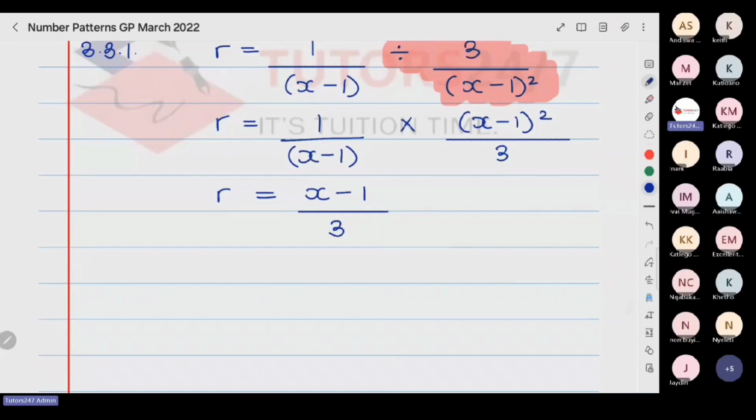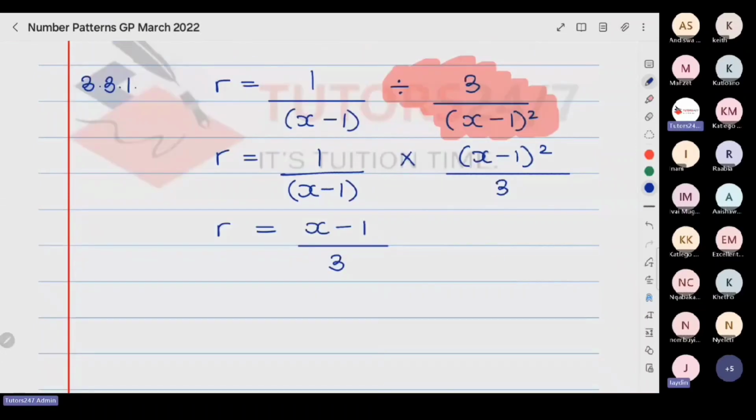That's our ratio. From here, because they stated that this is a convergent geometric sequence, we are going to take this value of R that we have calculated and substitute it into the formula that was mentioned at the beginning of this question.